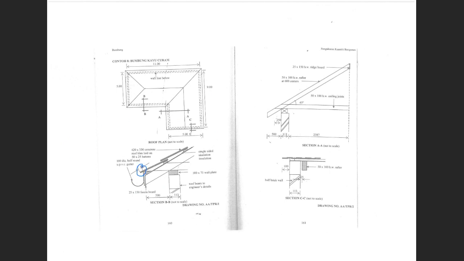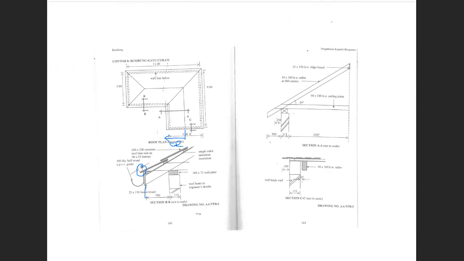Okay, so logically, if you want to measure the length of the half roof covering, you can take the same dimension as the common rafter, with the addition of 50 mm projected, or this is a projected length from the original common rafter, because the common rafter is until here.